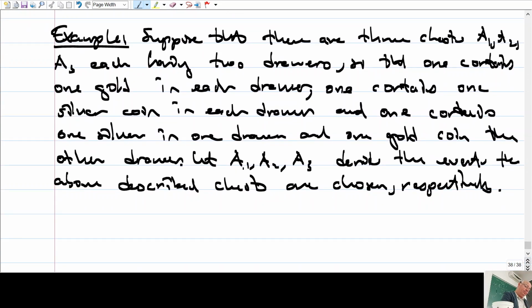So picking the first chest is the event A1, and so on.